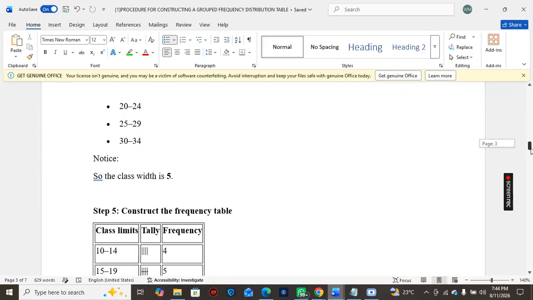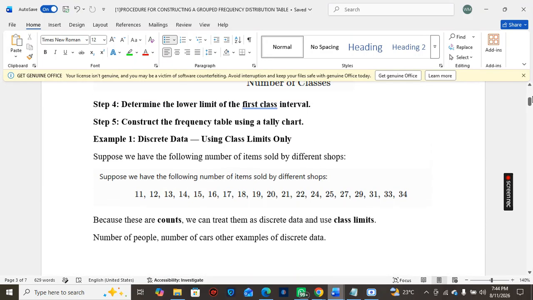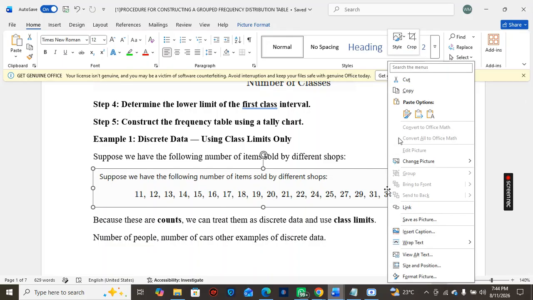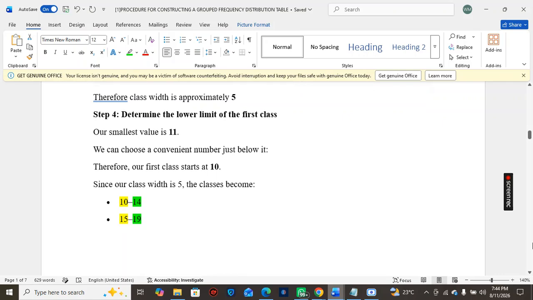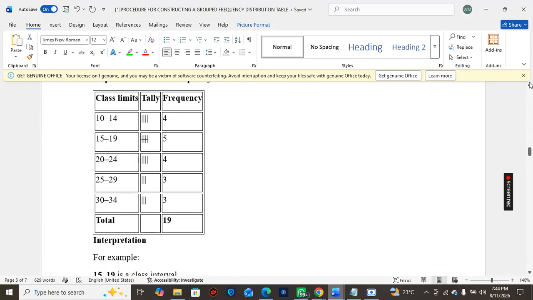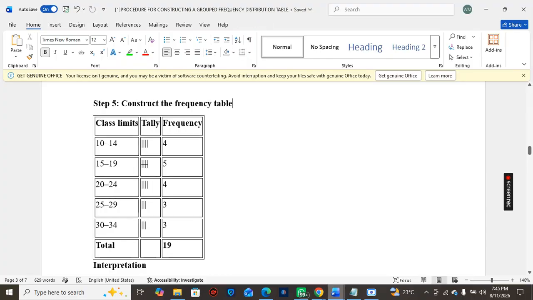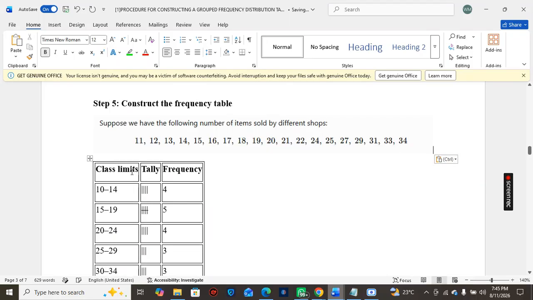Once we've determined the number of classes, we can now construct the frequency table. So now this is our frequency table here.